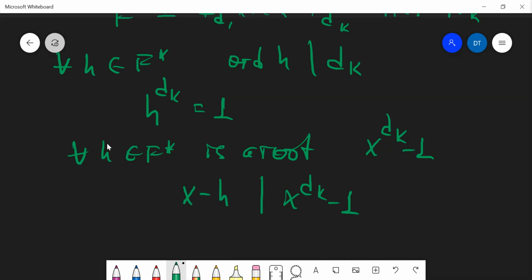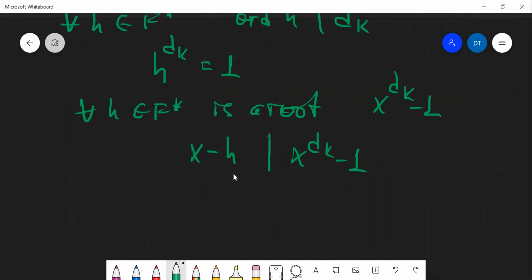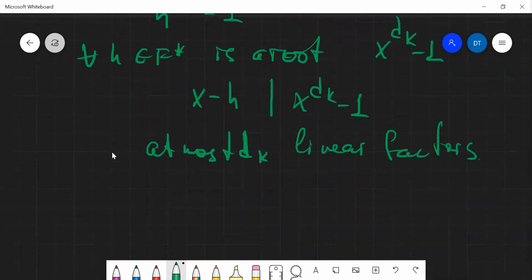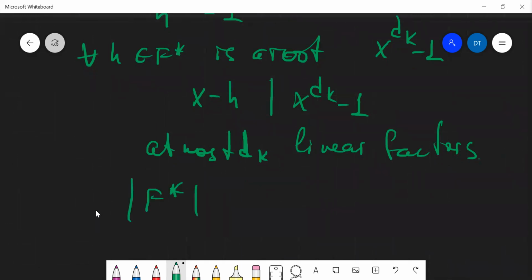So each element of F star gives you a linear polynomial dividing this one. But you have at most dk linear factors, so you have at most dk roots. This simply means that the number of elements in F star is not greater than dk.